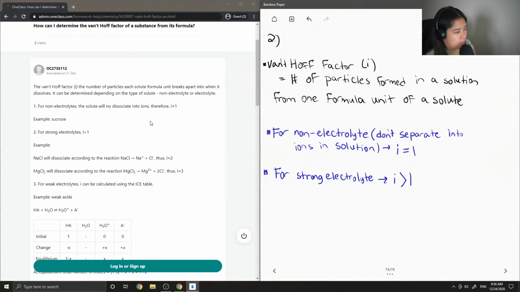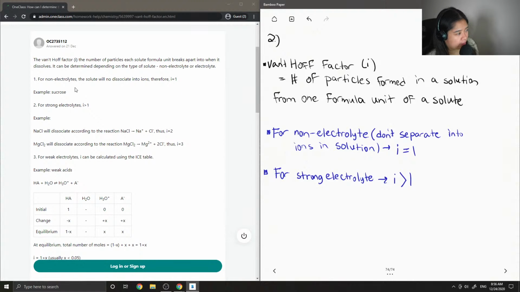Okay, so let's see what the junior tutor said. The Van 't Hoff factor i is the number of particles each solute formula unit breaks apart into when it dissolves. It can be determined depending on the type of solute, non-electrolyte or electrolyte.